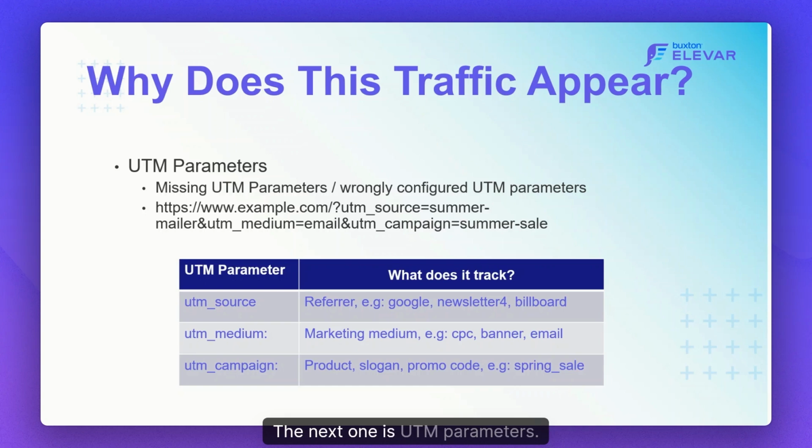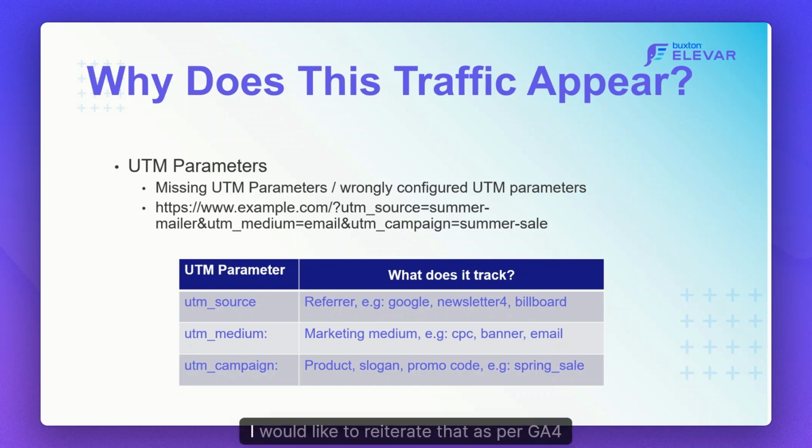The next one is UTM parameters. If the UTM parameters are missing and the referrer is missing too, GA4 will assign that session to direct none. Making mistakes while configuring the UTM parameters is inevitable. If the UTM parameters are not configured as expected, GA4 can't decode them, and this might lead to the session being assigned to direct none.